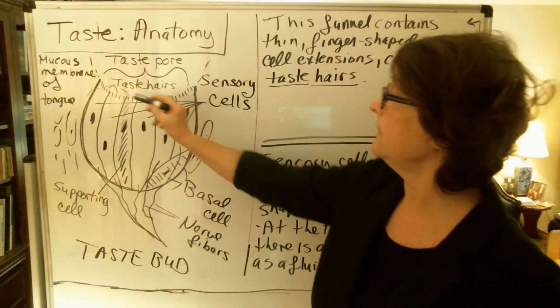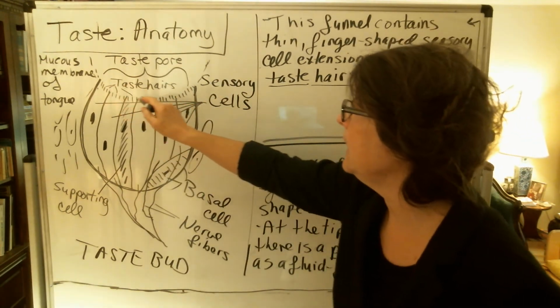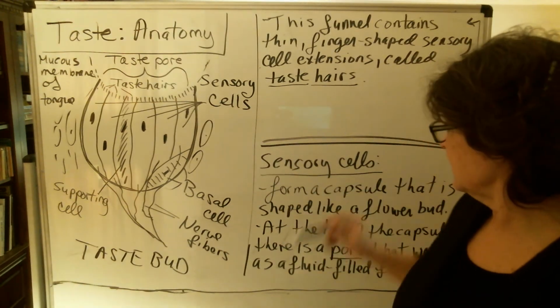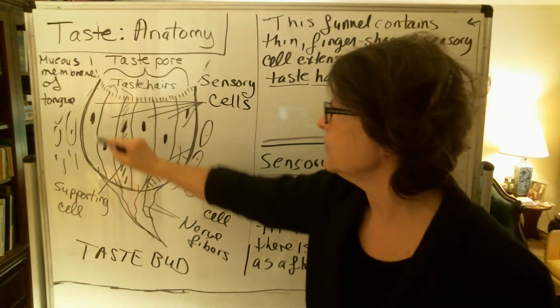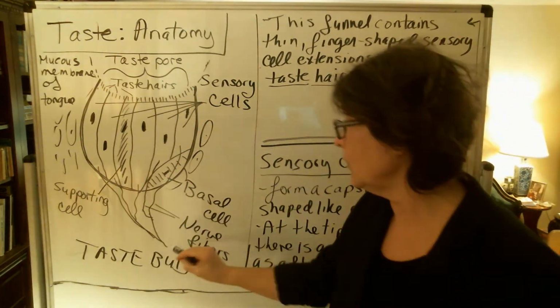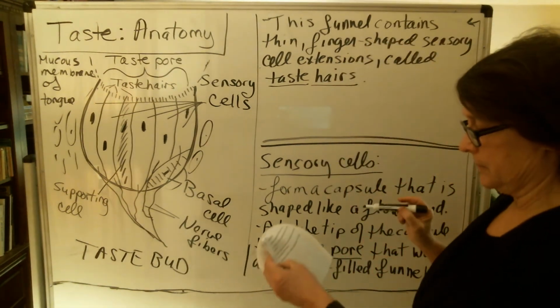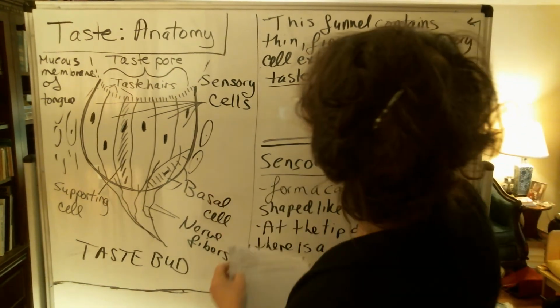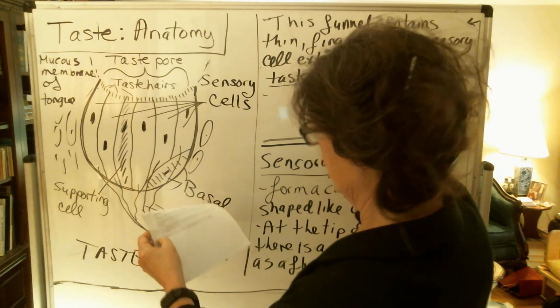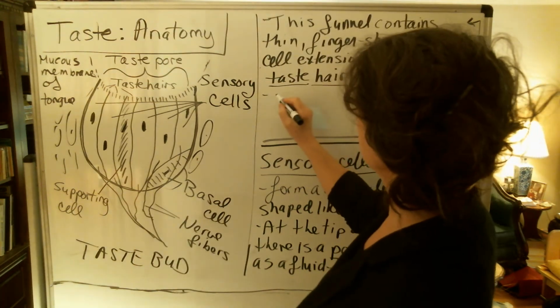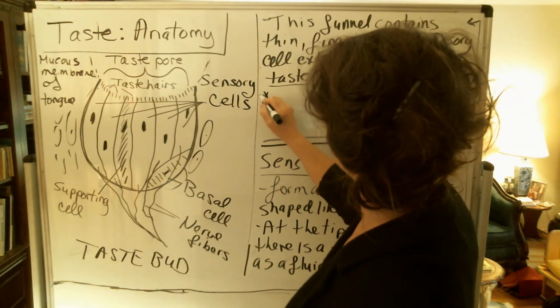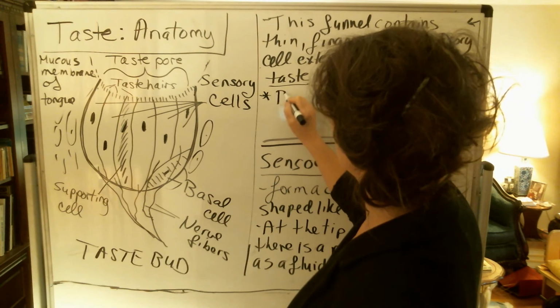So here we have the taste pore. Here we have the little bitty taste hairs. Here we have the sensory cells underneath. Here we have the nerve fibers. And here's what's going on with the taste hairs. This is kind of where taste comes from now.